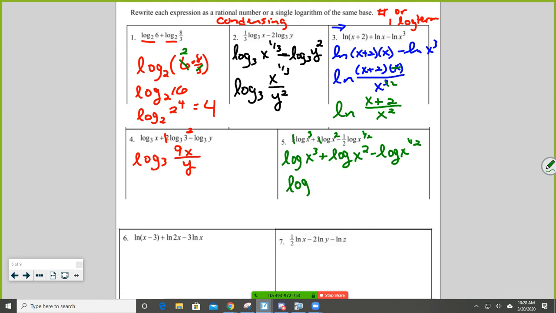Now, in logland, plus means multiply, minus means divide, and then same bases, add your powers.